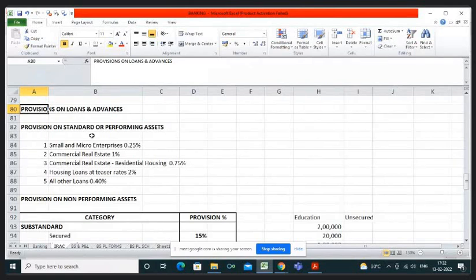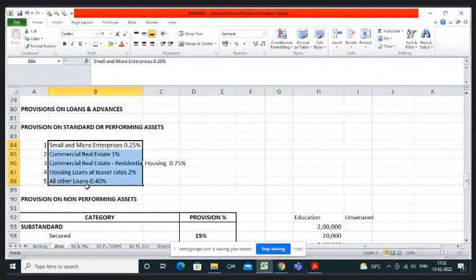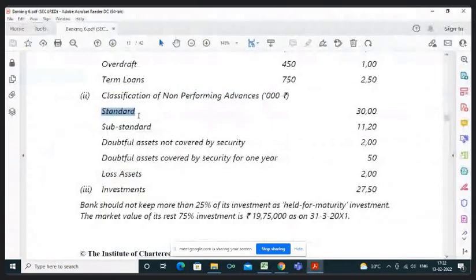So we have to see provision on loans and advances. What is the percentage? It depends on whether it is standard or non-performing. For standard assets, it is based on the nature of advances. Now we look here, there is a standard. Is there any classification, whether it is MSME, real estate, commercial real estate, anything given? Nothing is given.